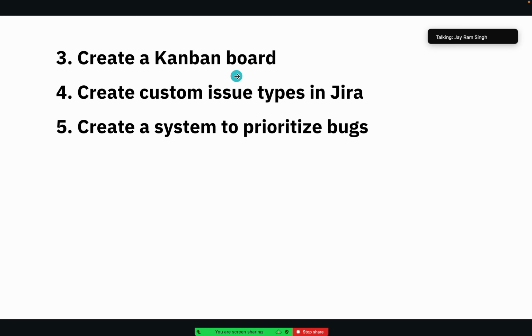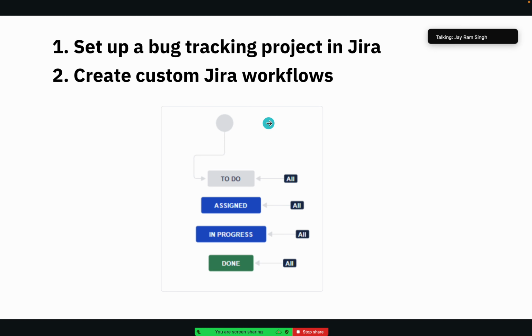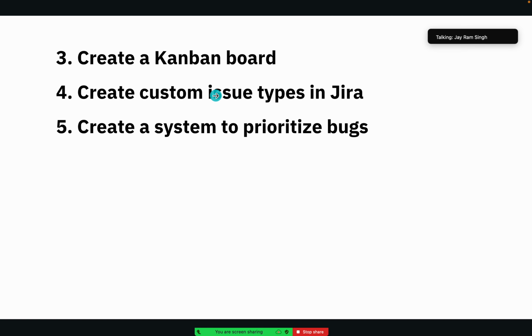Thereafter we'll create a Kanban board, because I want to see a columnar view of my issues, where they are, what is the status of each one in some better visualization. We may need to create some custom issue types, because if you're tracking defects, they can be like a blocker, maybe not blocker, but nice to have something like that.